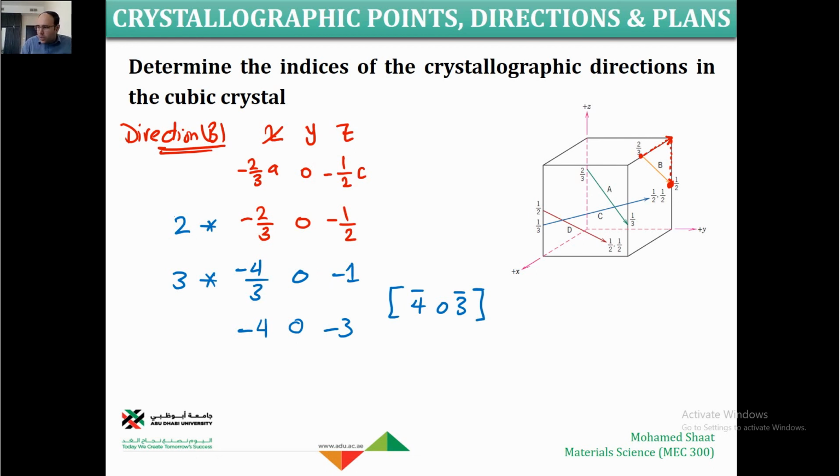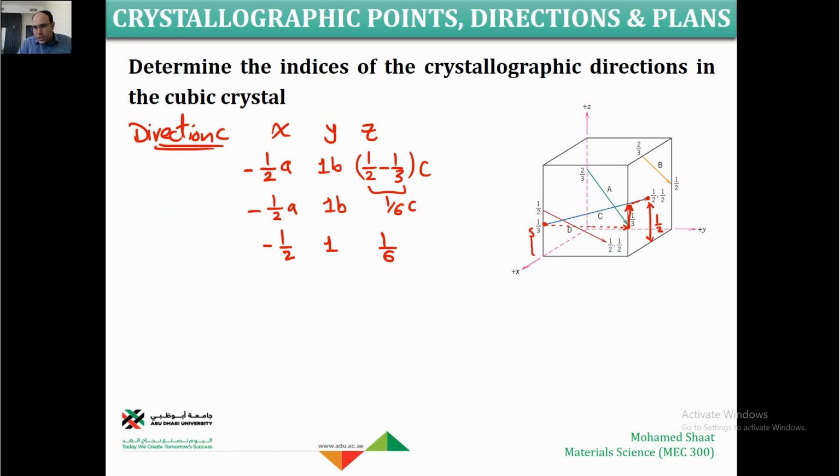It is preferred to start with the smallest index, then if there is one fraction still, you're going to get rid of it by the multiplication of this denominator. As I'm going to do here, I'm going to start with the smallest denominator, which is 2. So I'm going to multiply first times 2. This is going to give us -1, then 2, then 2 over 6, which is equal to 1/3.